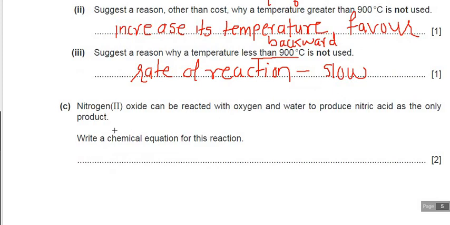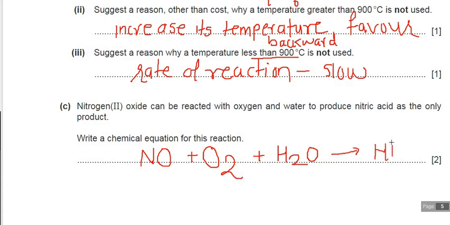Now in the next question they are asking, nitrogen oxide, that is NO, reacts with oxygen, that is O2, and water, H2O, to produce nitric acid, that is HNO3. This is not a balanced equation, but if you write down till here you will get 1 mark, but we have to balance it also. So please try to balance this one.